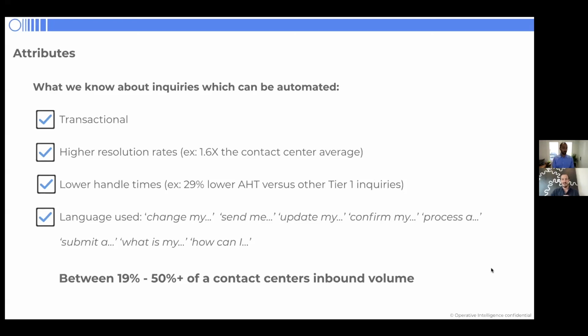Sorry, Nan. Before we move on, there's one more area I think we want to look at when you're thinking about what can be automated. These are the attributes of the call types themselves, but you also have to look at your own systems and see where you have the right APIs and information available to automate.